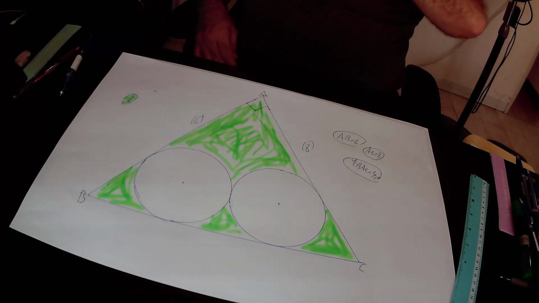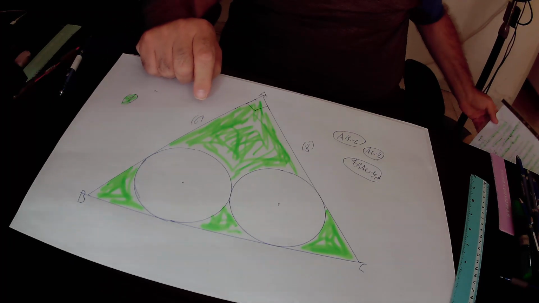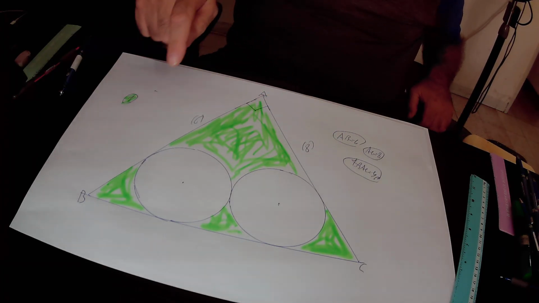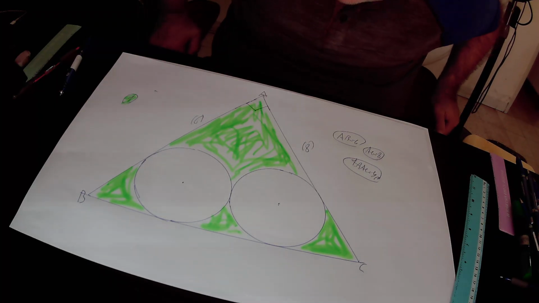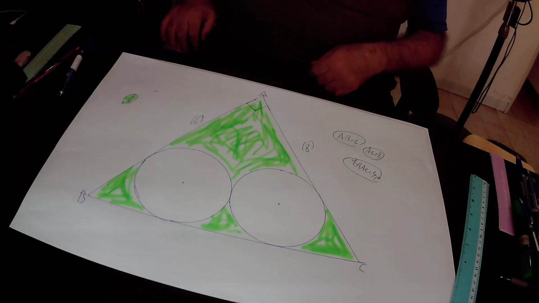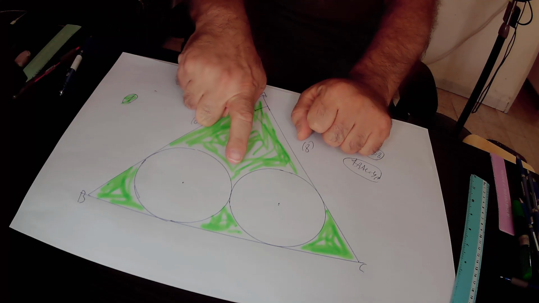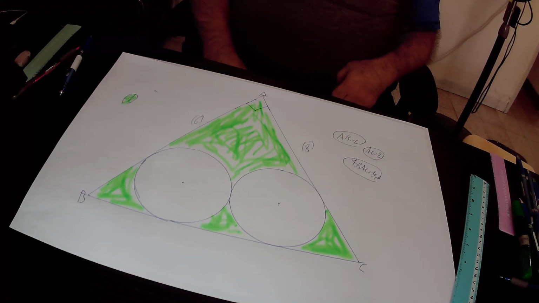This is a right angle, it can be C. Side AB of triangle ABC equals 6 units in its length. Side AC equals 8 units in its length. The hypotenuse BC of triangle ABC is the missing side. Inside this right triangle we have two identical circles. They touch each other at this point. So our task is to find the area of this green shape.